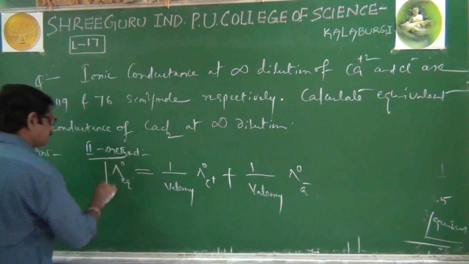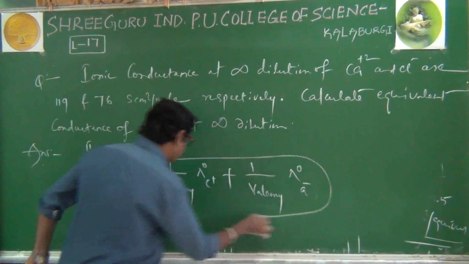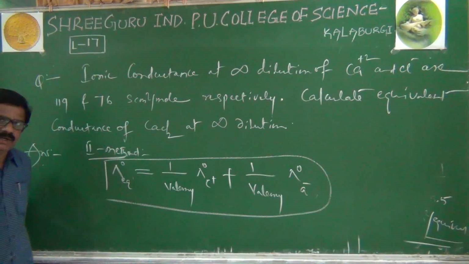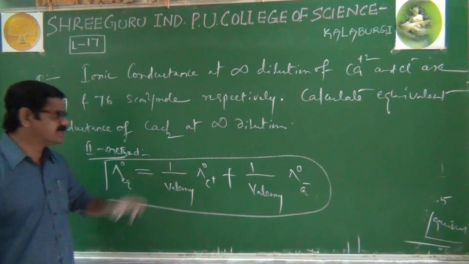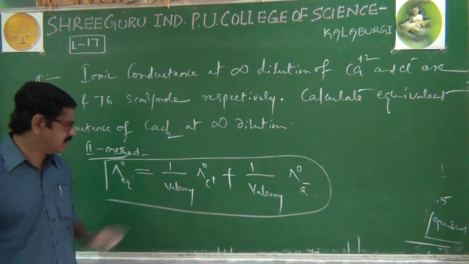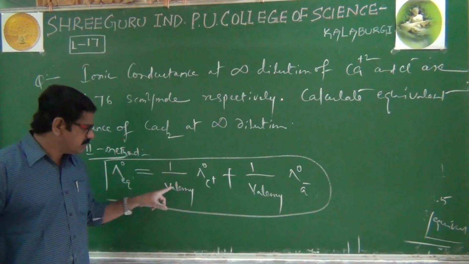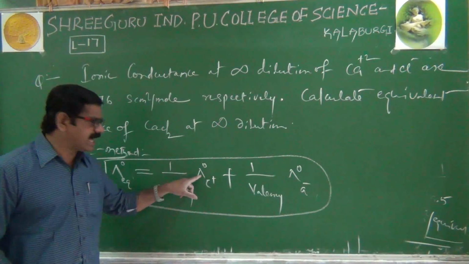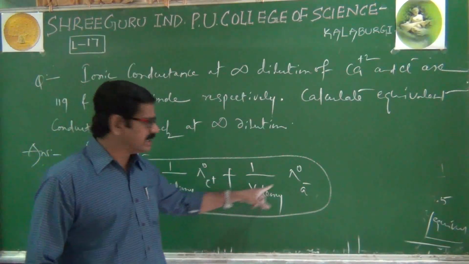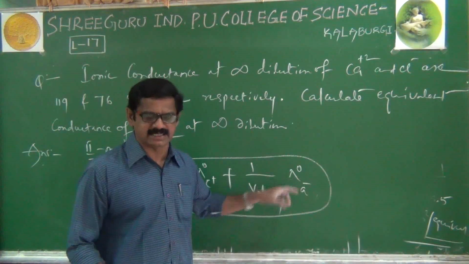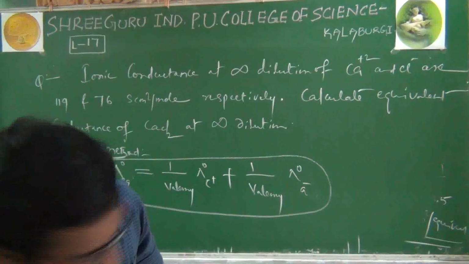This is our formula. We'll get the equivalent conductance directly. No need to go to molar conductance. Directly we'll get the equivalent conductance if we use this formula. Right, we'll substitute the values.